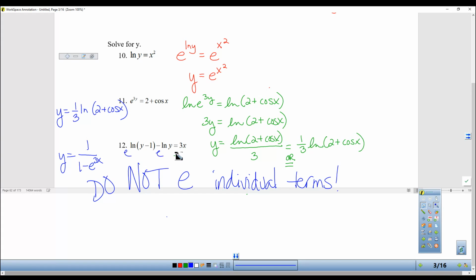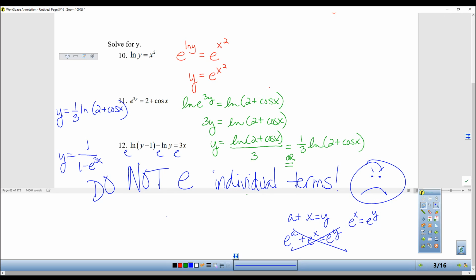So don't go e. Bad. Okay? Don't do that. You can only exponentiate both sides. Think about it. If you have x is equal to y, then e to the x must be equal to e to the y. The exponents have to be the same. But if you have a plus x is equal to y, you definitely cannot be sure that this is going to be true. Okay, so don't do that.